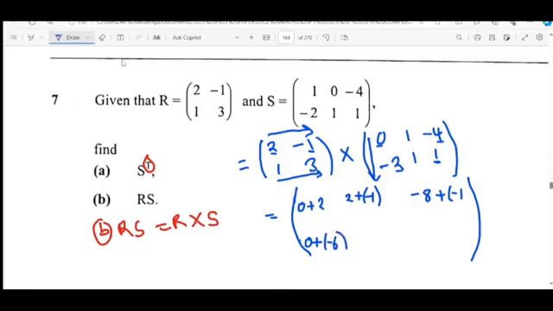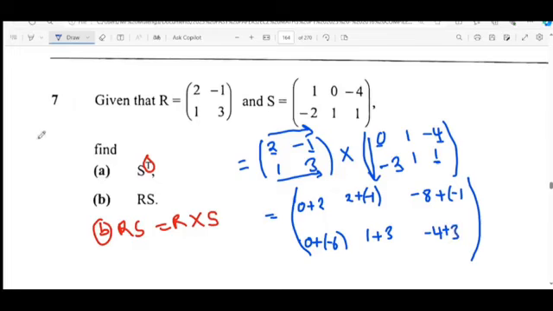Again, row by column, the second entries: 1 times 1 gives 1, and then plus 3 times 1 gives 3. Again, row by column, the last entries: 1 times -4 gives -4, plus 3 times 1 gives 3.